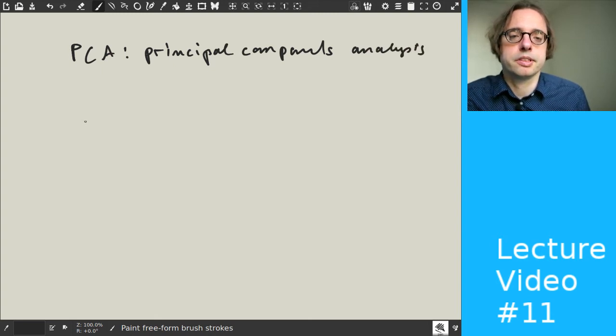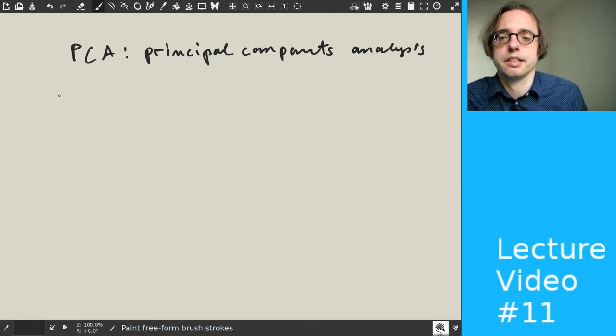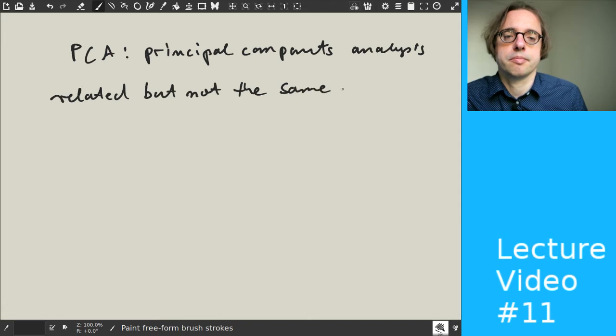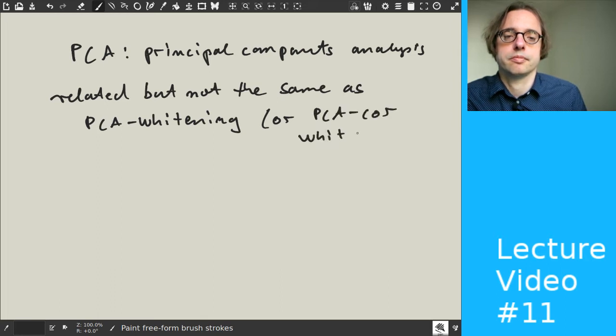And the principal components, as we will see, are related to the latent variables that we've seen in PCA whitening. So related, but not the same as PCA whitening or PCA core whitening.